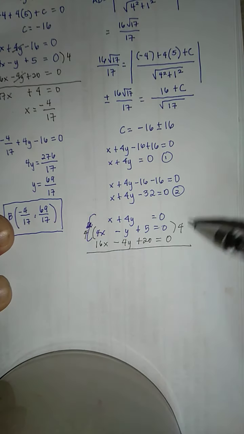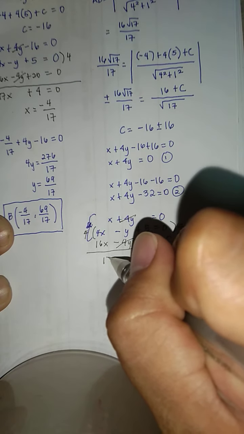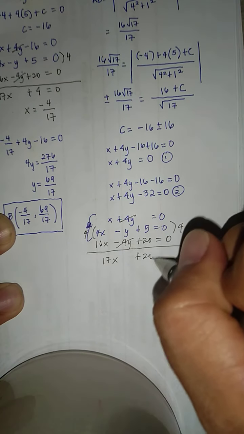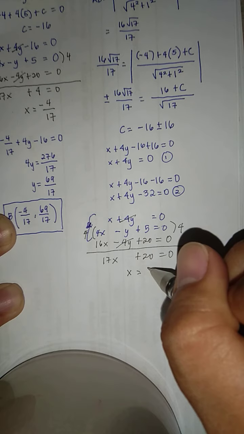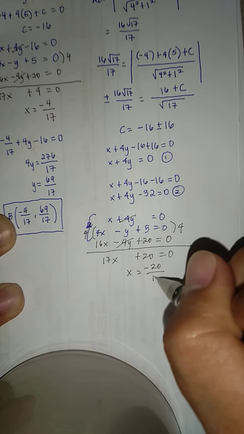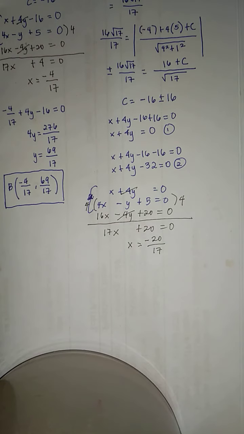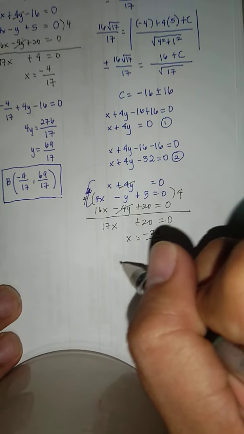Let's solve again. This one cancels out, this one is 17x plus 20 equals 0, so x is equivalent to negative 20 over 17. Next, we're going to substitute x into the first equation.